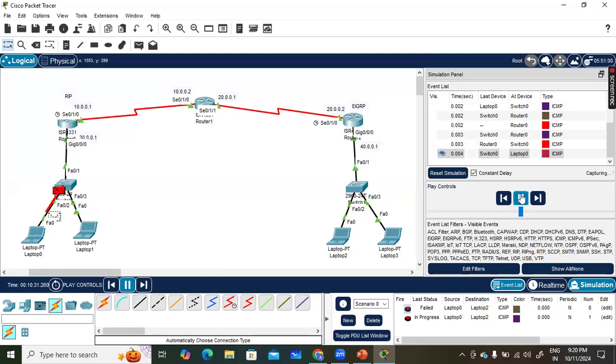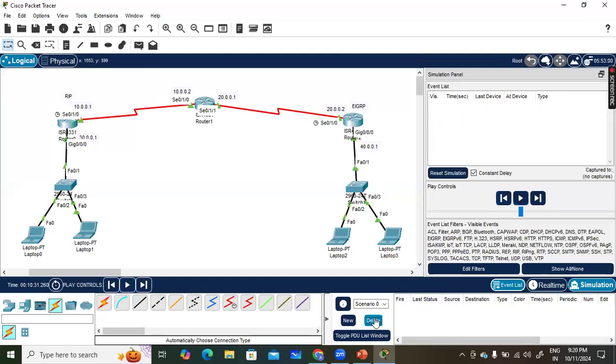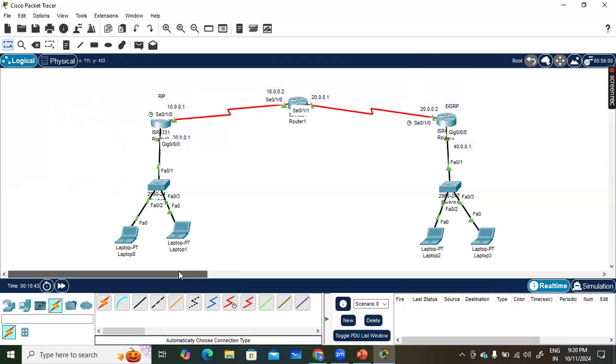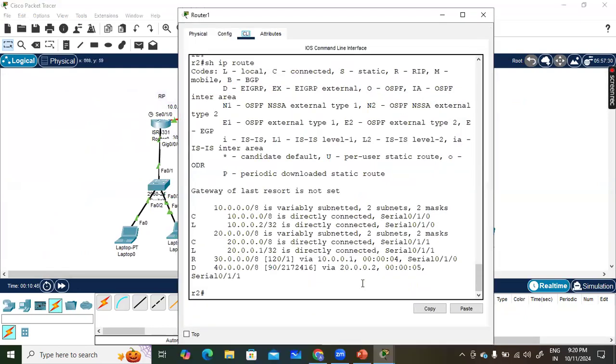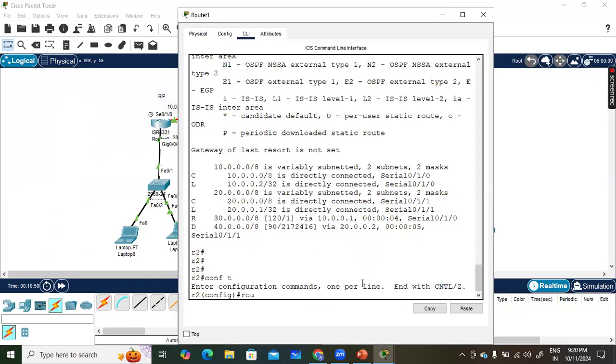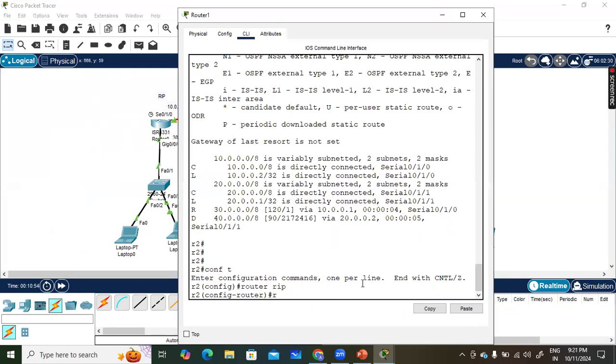Now what we have to do is perform redistribution in router 2. And how? See this. Config, router RIP, enter.